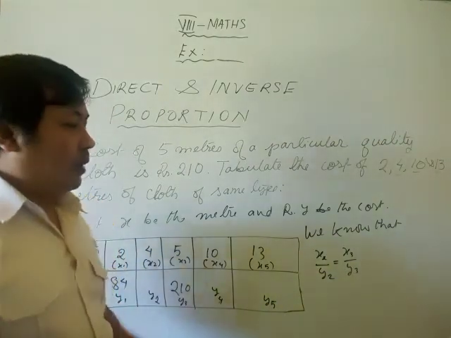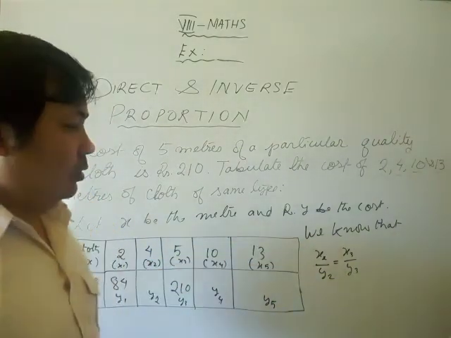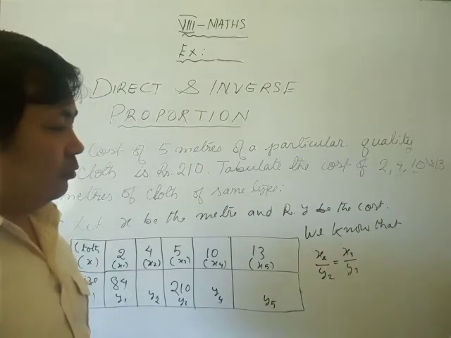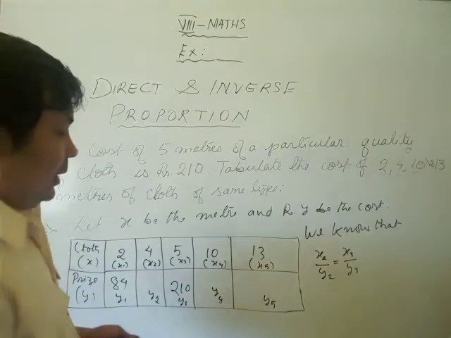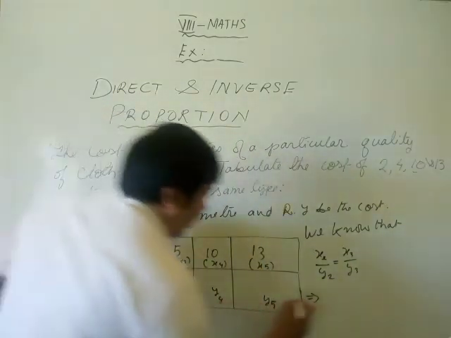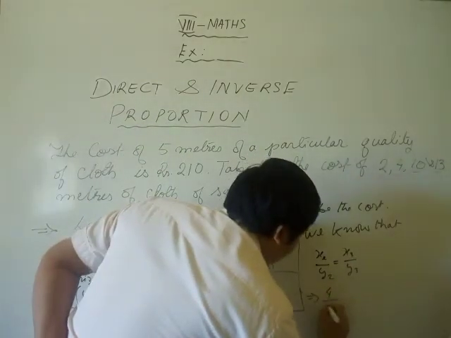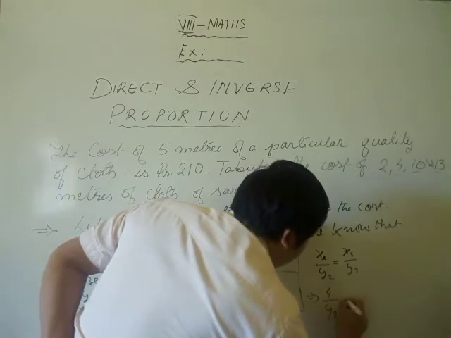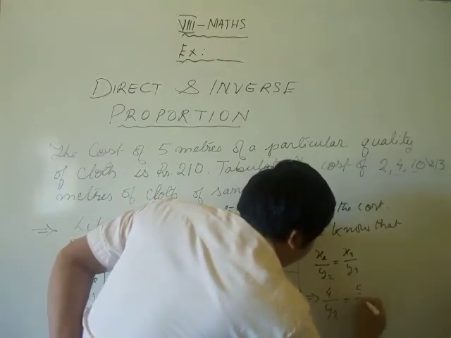So x2 is 4 here. 4 by y2 is equal to 5 by 210.